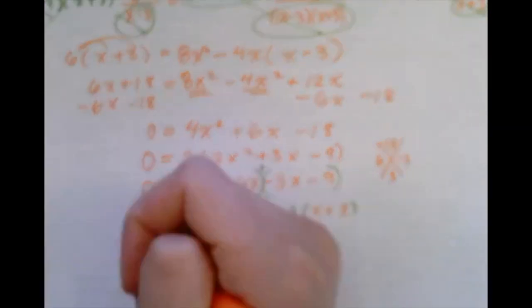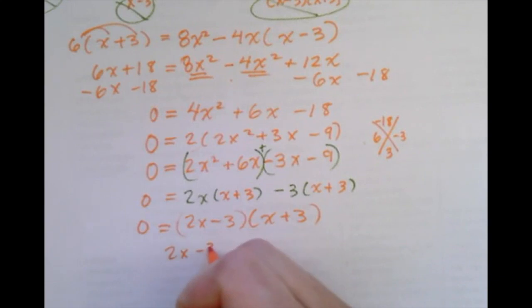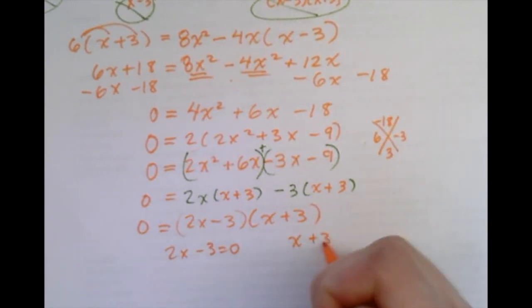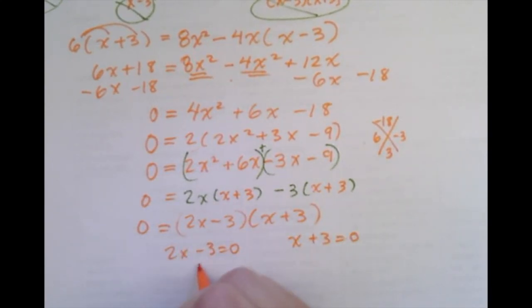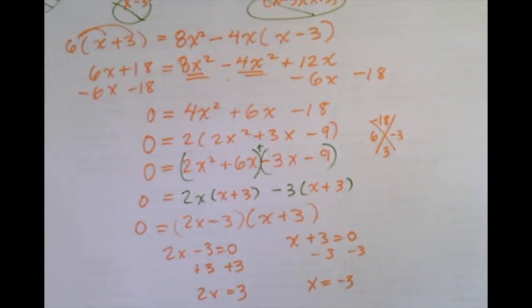And then we're almost done. I just need to set each factor equal to 0 to solve. So I get 2x minus 3 equals 0, x plus 3 equals 0. So here I get 2x equals 3, and then x equals 3 over 2. And here I get x equals negative 3.